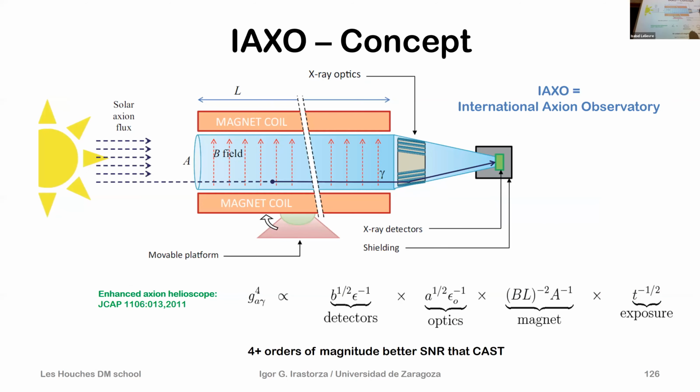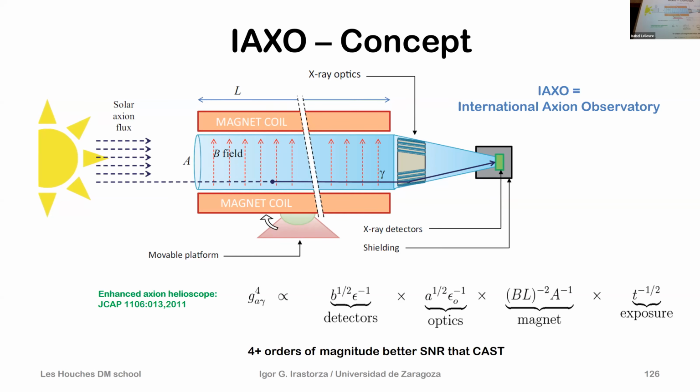So this is the best result so far at the frontier of helioscopes, and now the field is facing the next generation experiment, which is embodied by the IAXO experiment, which is the largest collaboration in experimental physics for axions, more than 100 people, which is still far from the big ATLAS type of collaboration in particle physics, but certainly big for axions. So IAXO is the same concept as CAST, but pushing the parameters of the experiment to the maximum that is realistic.